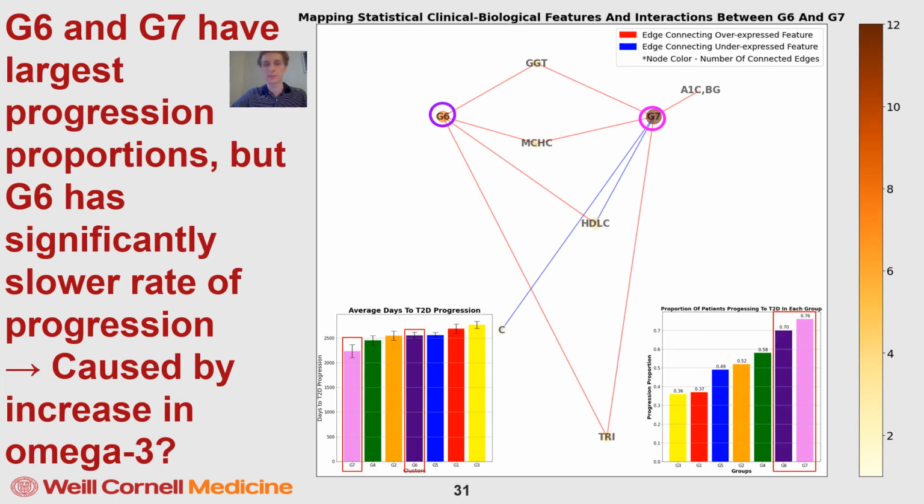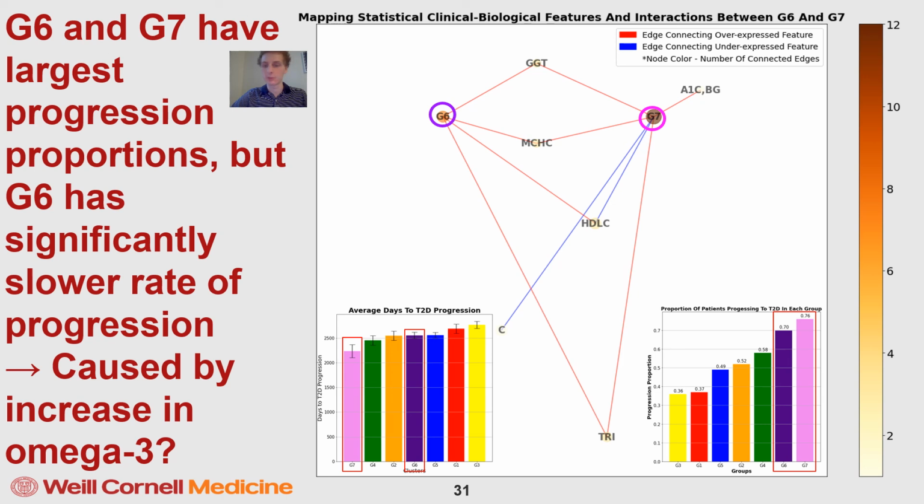We also wanted to compare group 6 and group 7 directly, and we show that the main difference here is this overexpression of HDL cholesterol in group 6 and an underexpression of HDL cholesterol in group 7.